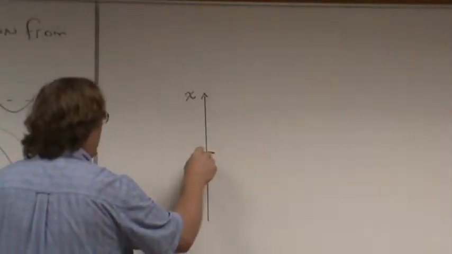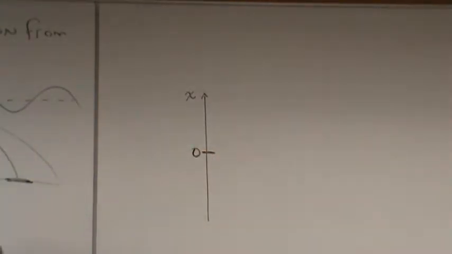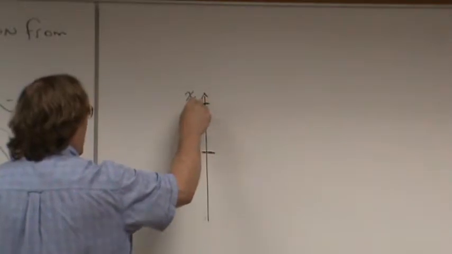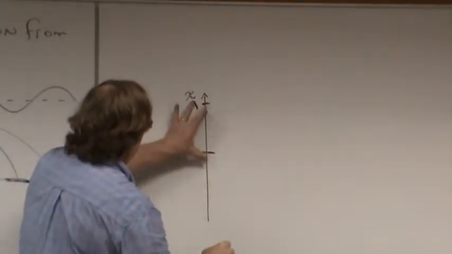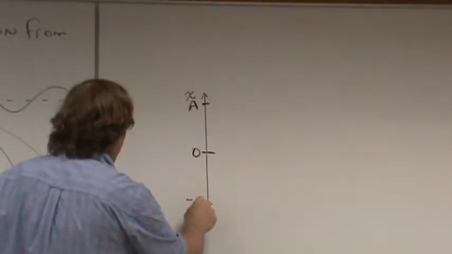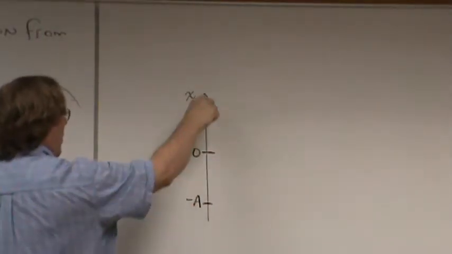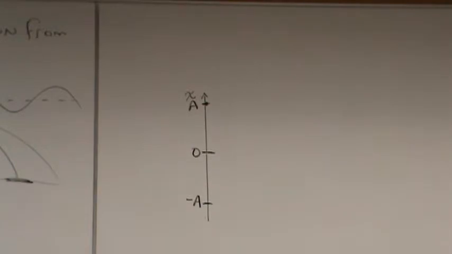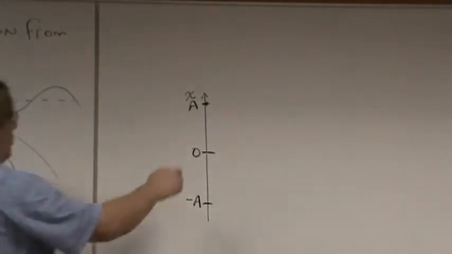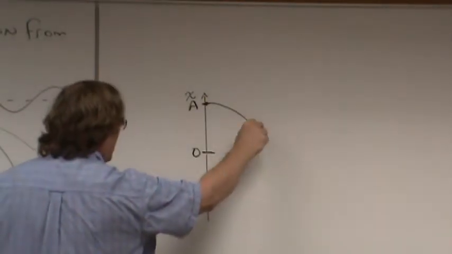This is equilibrium, and it's going up as high as the amplitude A, and going down as low as negative A. But I want to remind you, you can also think of this as uniform circular motion.